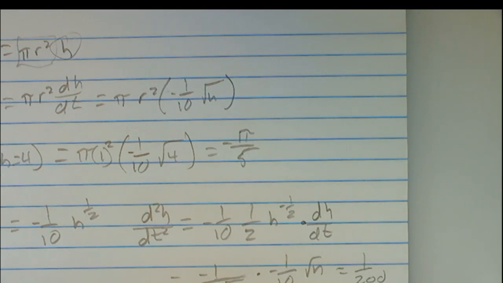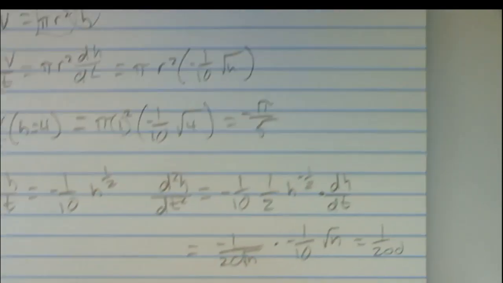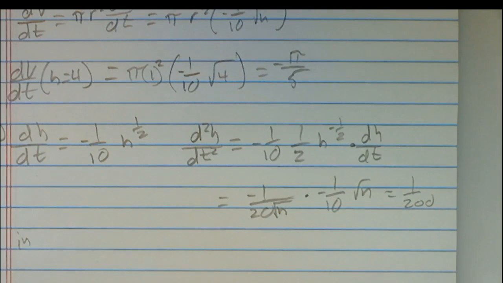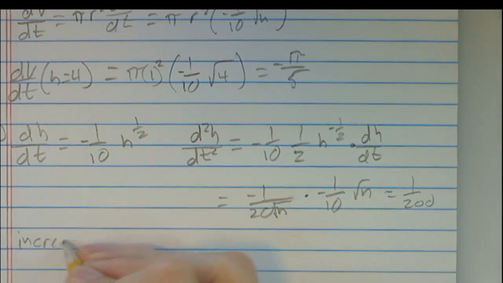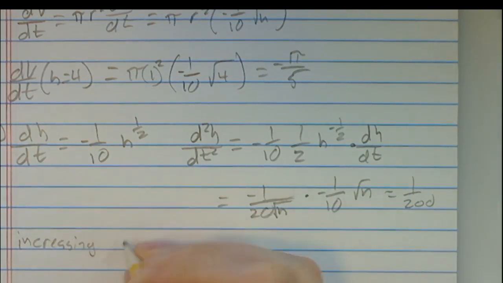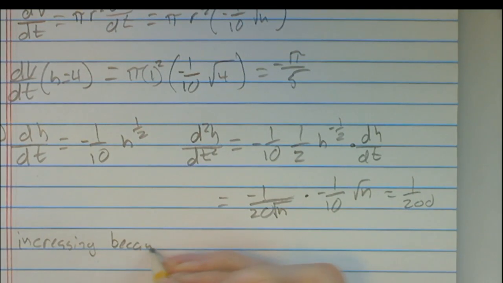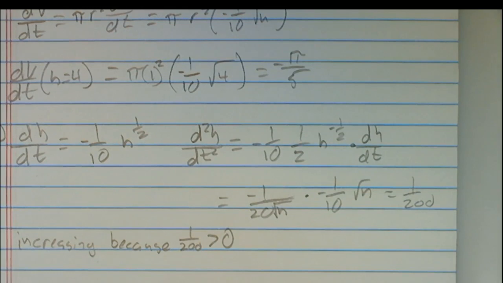So we just end up with 1/200. This is a positive number, so our derivative is increasing, so the rate of change is increasing. So increasing, because 1/200 is greater than 0.